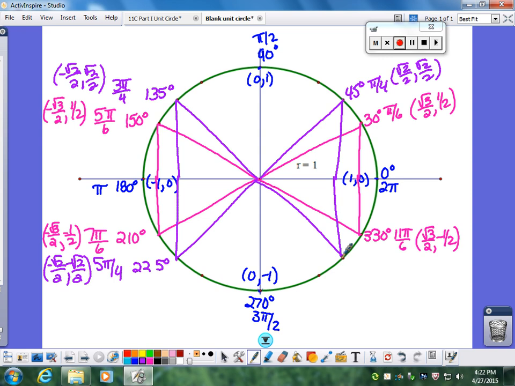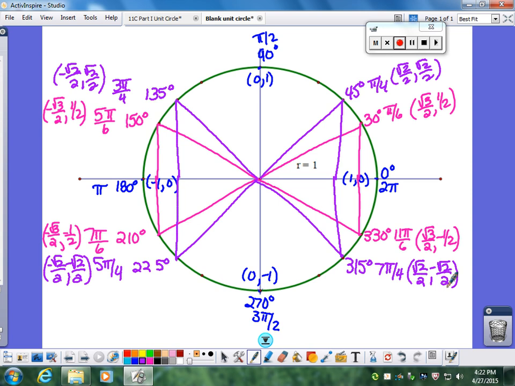We got 5, 6, 7. So 7 times 45 is 315, or 7 pi over 4 in radians. And here we're positive, negative. X is positive, Y is negative. So those are our 45-degree families. Here again, there's 3 things to memorize for each of our family members.